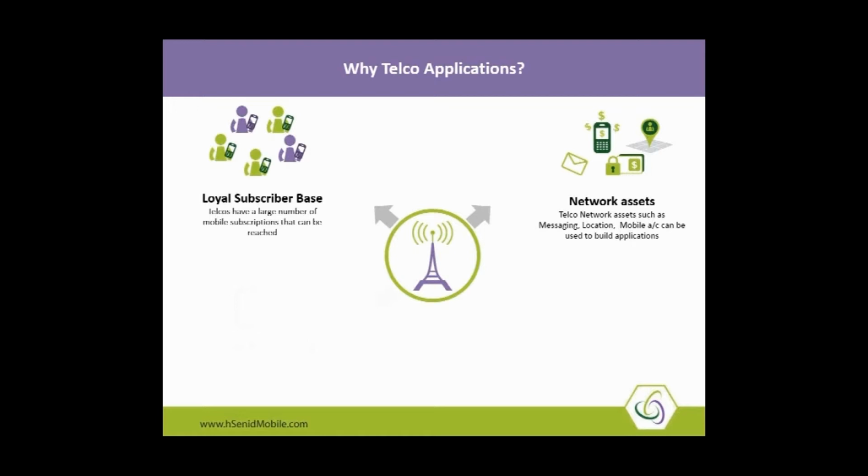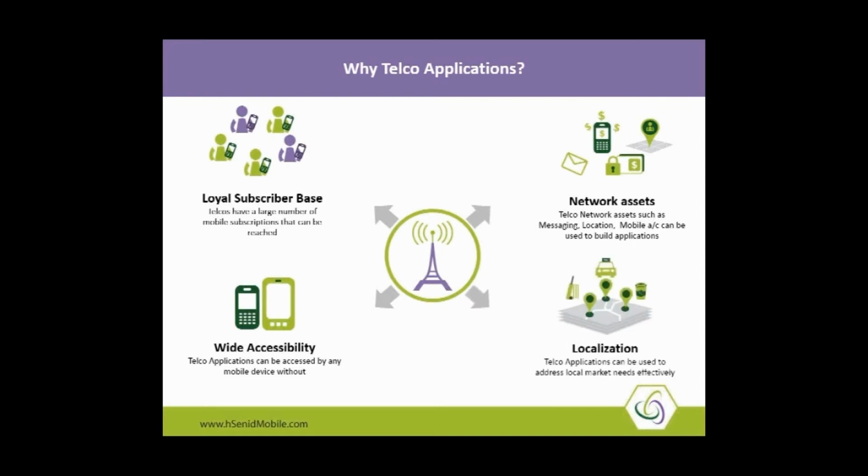And as I said before, wide accessibility. The application that you have created is not limited by the handset model. Because it's SMS, you can use it with iPhones, Nokia, Android, even Windows Phone. Any single phone, whether a smartphone or a feature phone, can use the application.